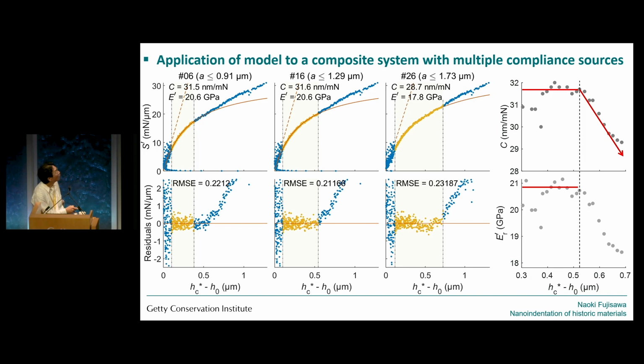you have an increase not only in the prediction error of the model, but also a change in the compliance and elastic modulus. I'm plotting here the compliance versus contact depth of many analyses with varied upper limit of this range. Initially, when the upper limit is set to a very low value close to the origin, you have no choice but to see some fluctuation, because there are only so many data points, and particularly close to the surface, your data is more affected by the surface roughness.